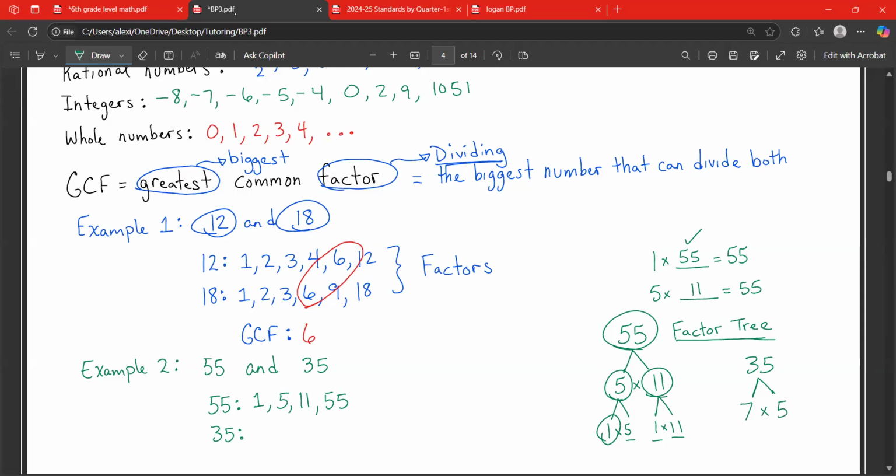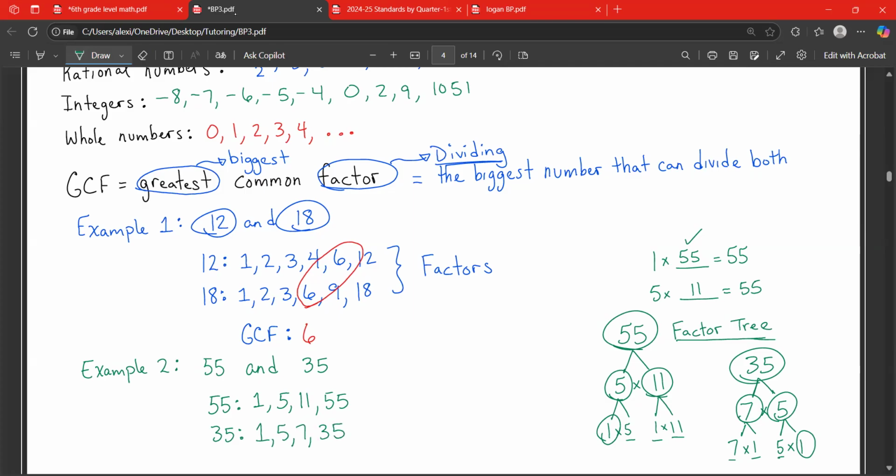Okay. What numbers can you multiply together to get 7? Hopefully you said 7 times 1. What numbers can you multiply together to get 5? Well, hopefully you said 5 times 1. So now look, 1, 5, 7, 35. I don't write down the repeated ones. These are the factors of 35.